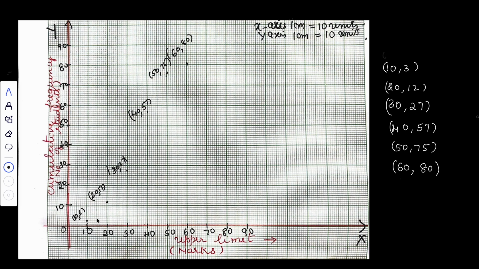Now this is a free-handed graph. We want to join it. And this is the less than ogive.